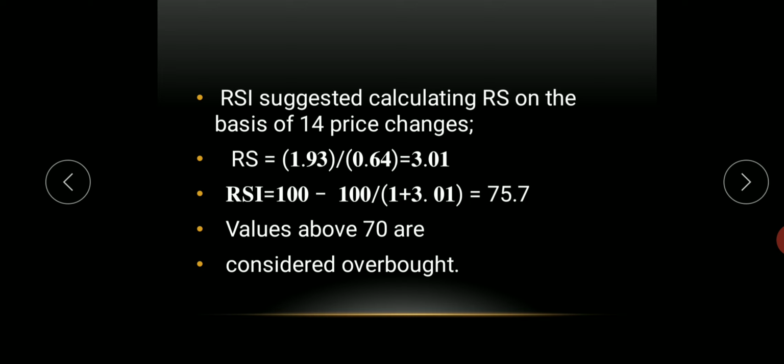This security is very strong because the measured RSI value is more than 70. So this security is overbought, and the demand for it is very high. You can blindly buy this security.